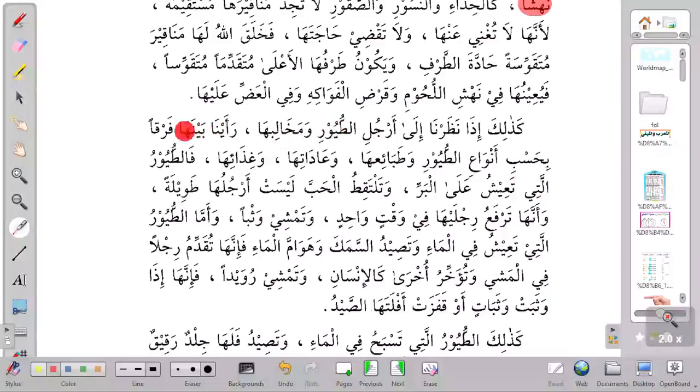رأينا بينها فرقا بحسب أنواع الطيور. We find a difference. رأينا بينها فرقا, we find in between them a difference. بحسب أنواع الطيور, based on the different types of birds. Bihasbi actually means based on, meaning in regard to.